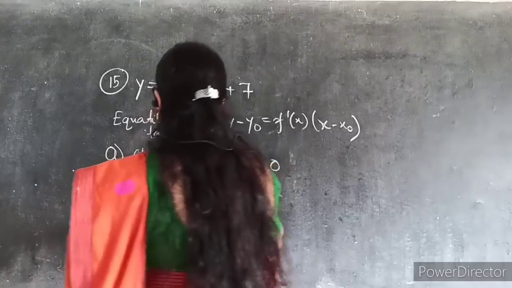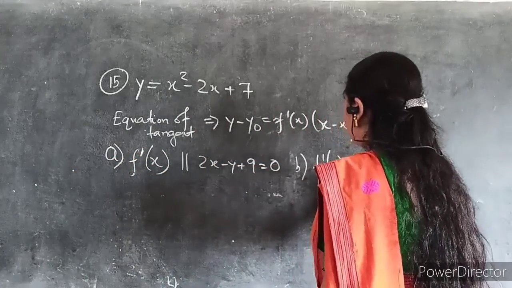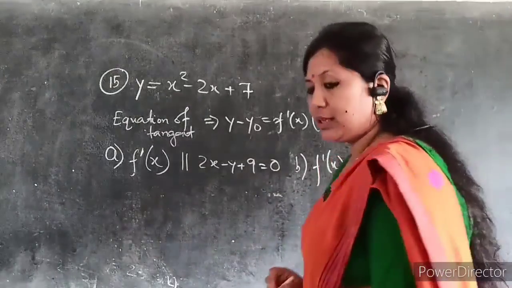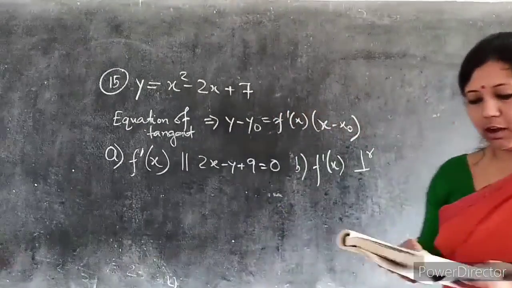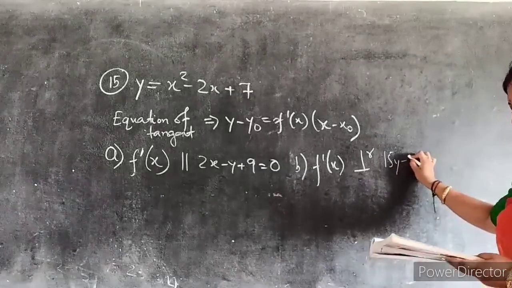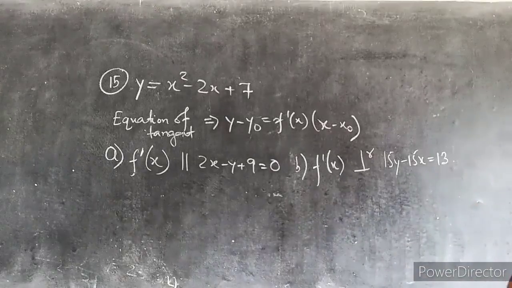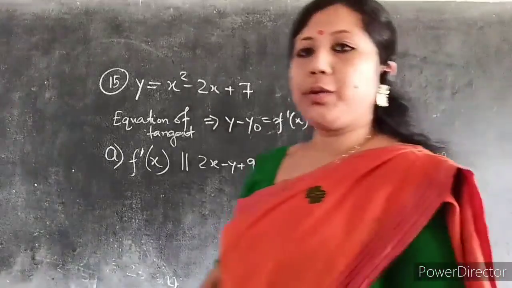And second, it is given that f dash x is perpendicular to the second equation of the line, that is 5y minus 15x equals to 30. Okay, so these are the two important points.